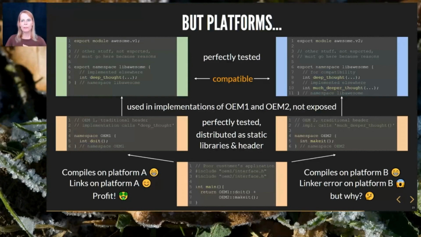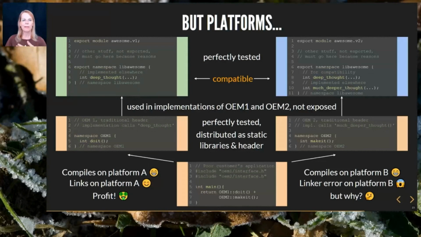And the origin of the problem lies in the third-party module that the customer isn't even aware of, and that both OEMs refuse to accept as a defect of their library.